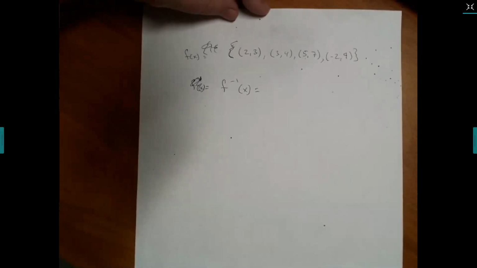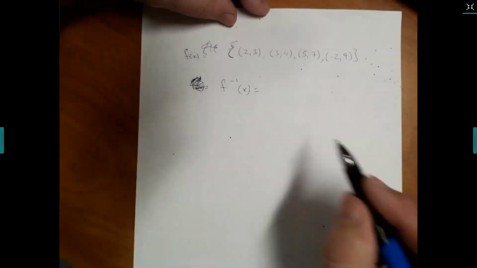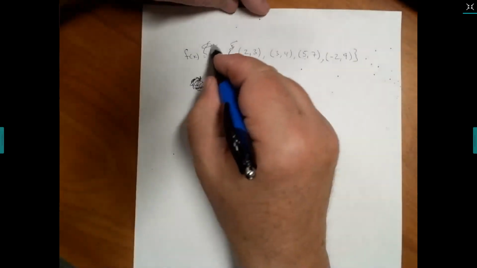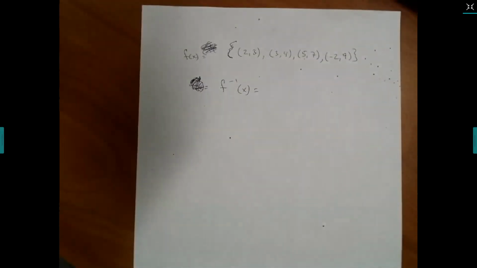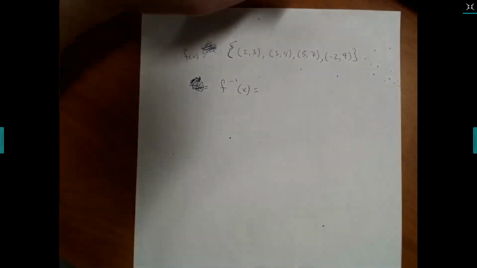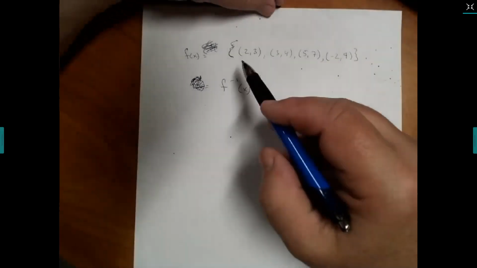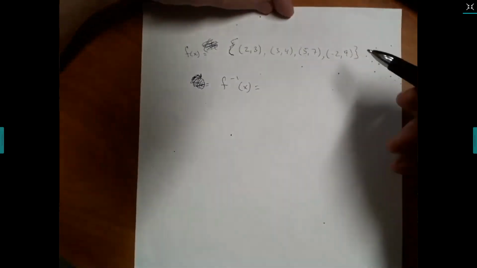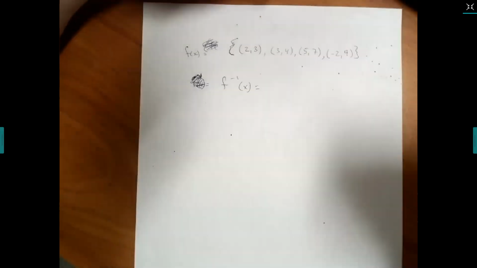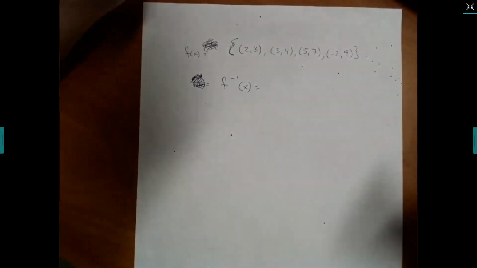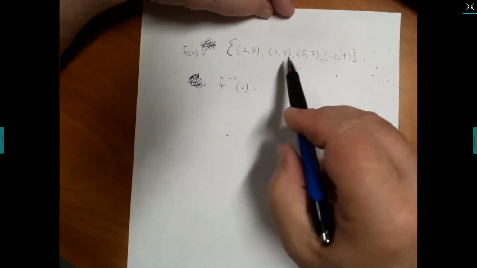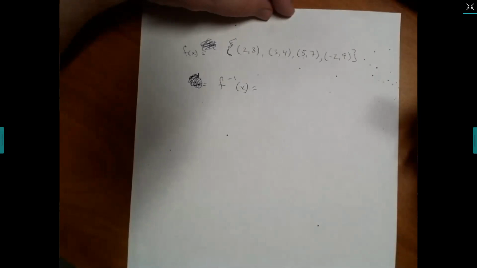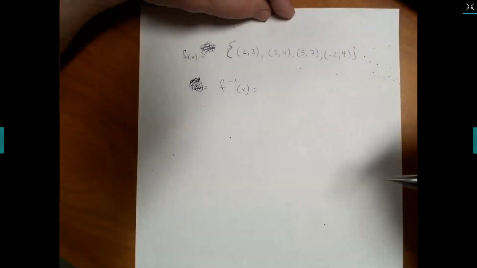Well, that was my initial attempt at a squiggle bracket. Whenever you see the squiggly lines, you know that means it's a set, a set of answers. So if f of x were these 4 points, what would be the inverse?